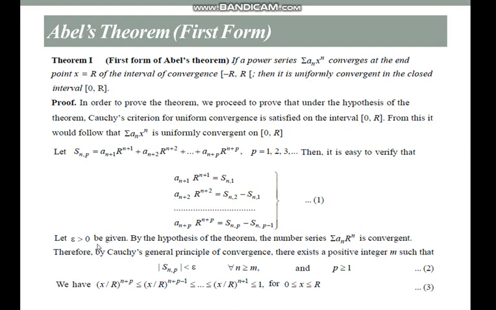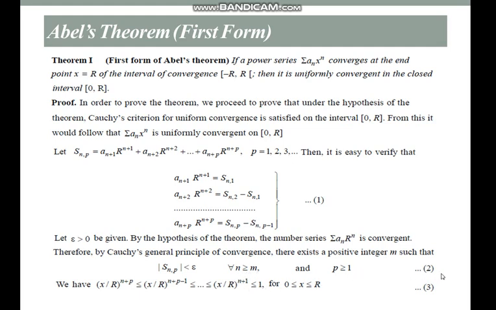Let epsilon greater than 0 be given. By the hypothesis of the theorem, the number series summation a_n R^n is convergent. Therefore, by the Cauchy general principle of convergence, there exists a positive integer M such that the modulus of S_{n,p} is less than epsilon for all n greater than or equal to M and p greater than or equal to 1.